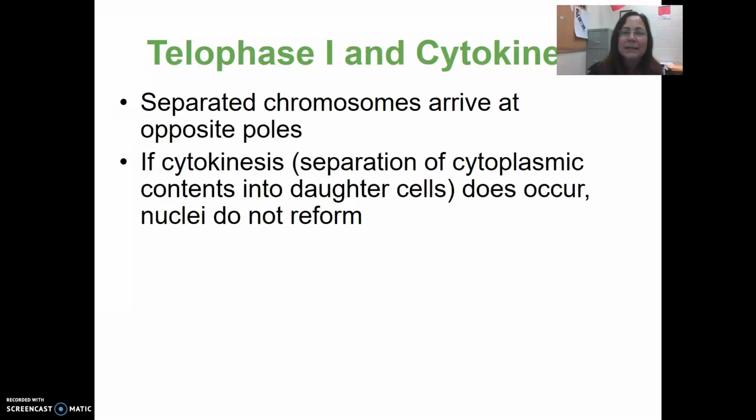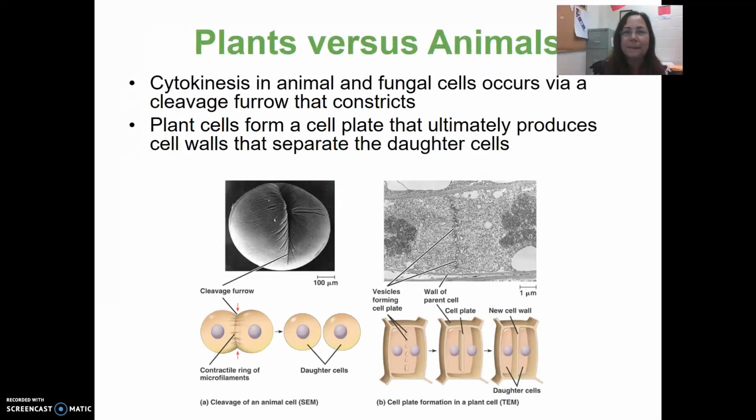And if the cytokinesis actually occurs all the way, the nuclei do not reform. So this is one difference. Because there's going to be a second division, the nuclei don't reform around the groups of chromosomes.